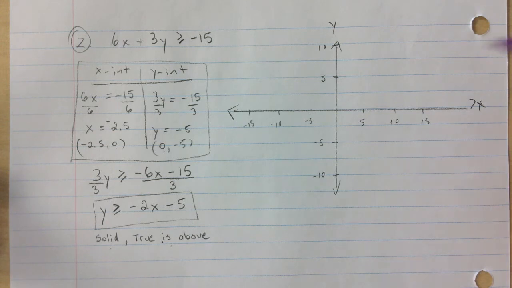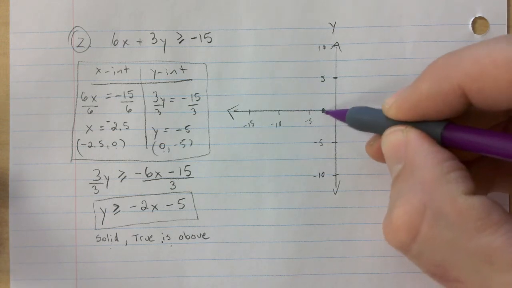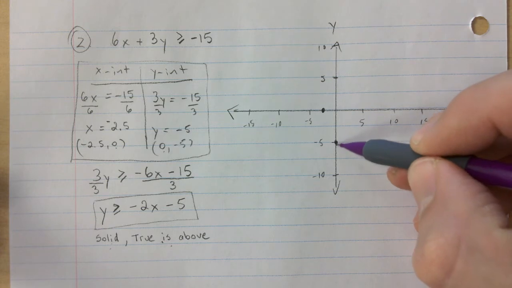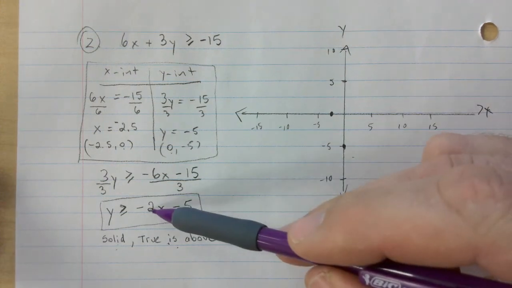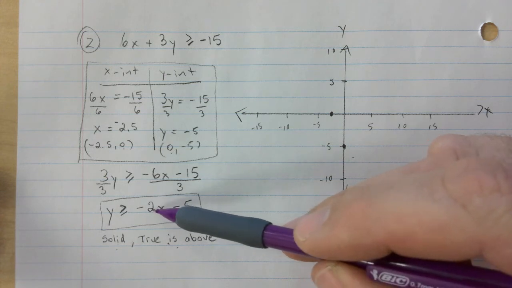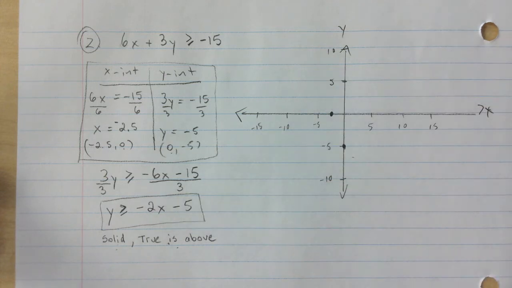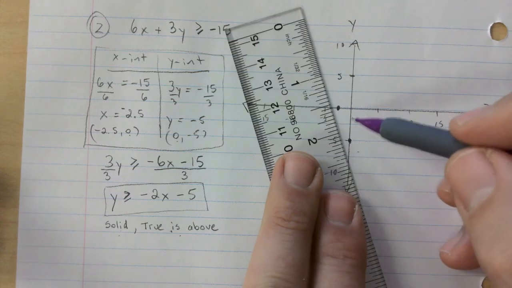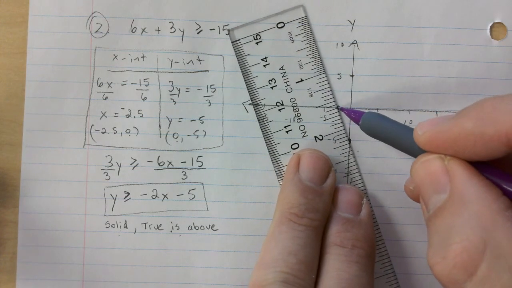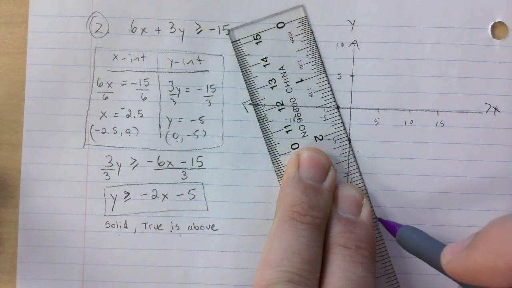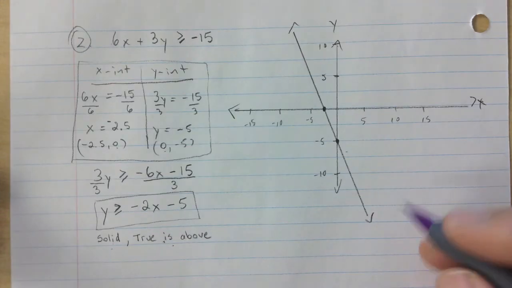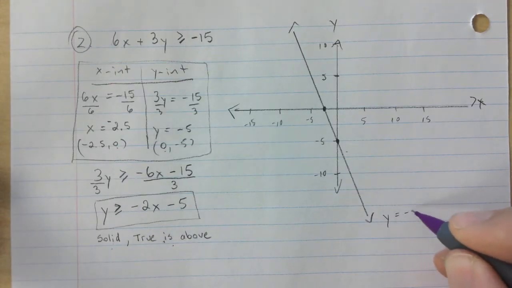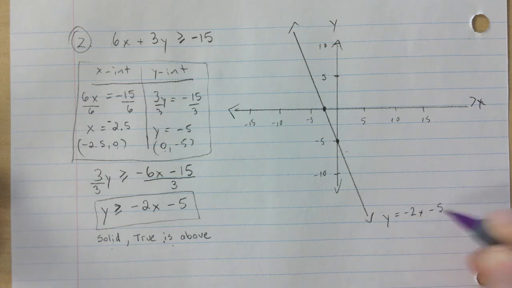All right, so it's -2.5, 0 and 0, -5. I got a negative slope, so I do expect it to go downward, and it's solid. This is the line y is equal to -2x minus 5.